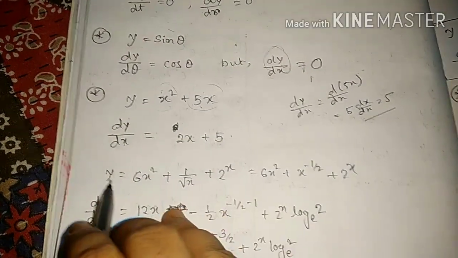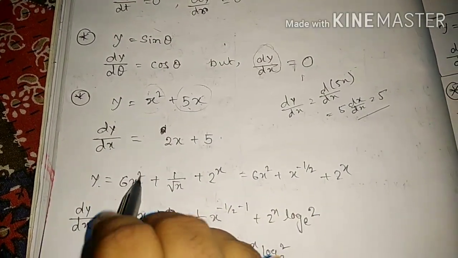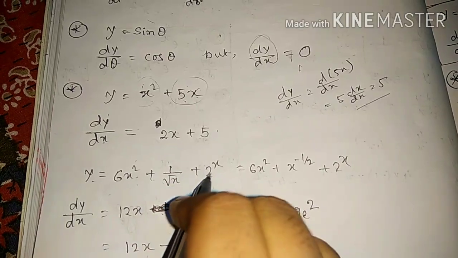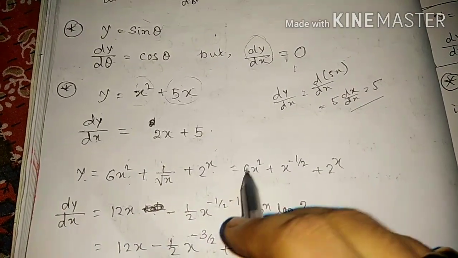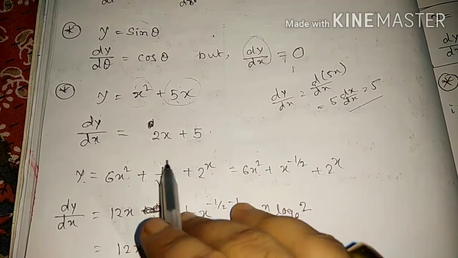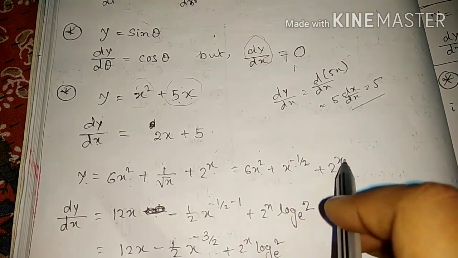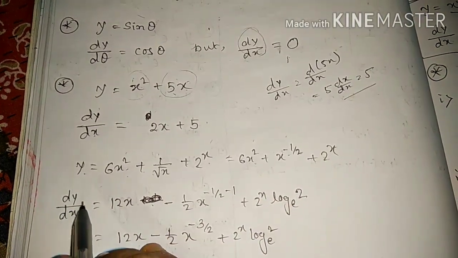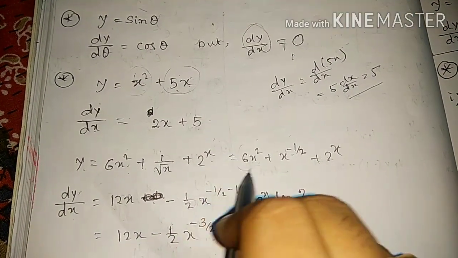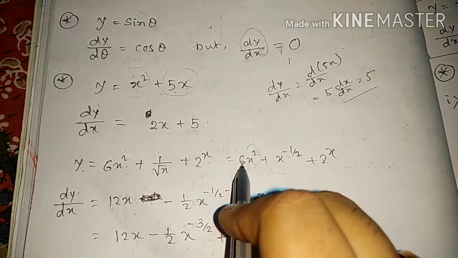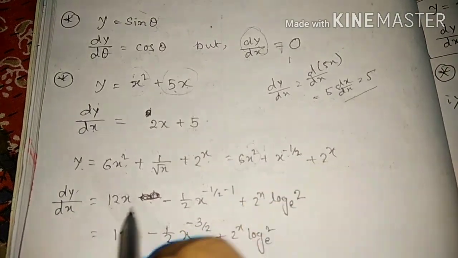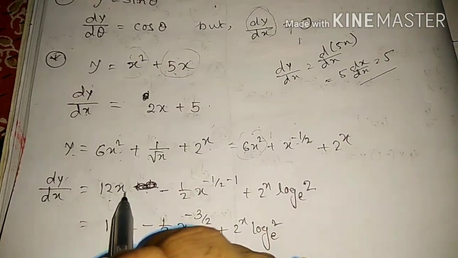Okay. Now another one: y equals 6x square plus 1 by root x plus 2 to the power x. So first we arrange this one. How? 6x square stays, 1 by root x we can write as x to the power minus half, plus 2 to the power x. Now you differentiate it. dy by dx equals, first this term: 2 comes first, then minus 1, so 2 into 6, 12x.